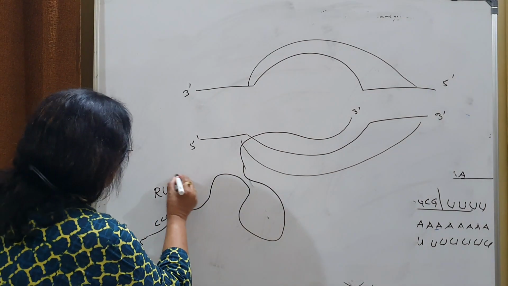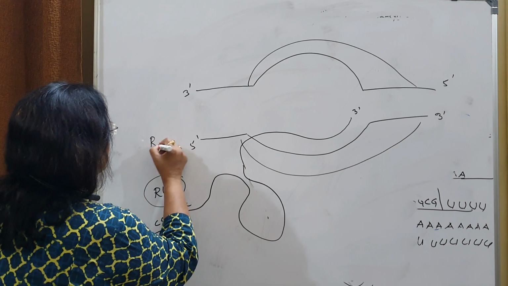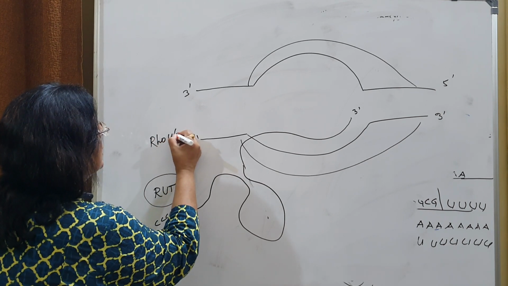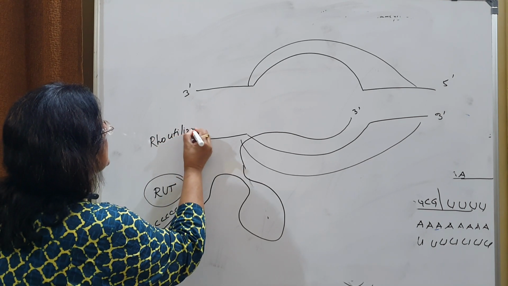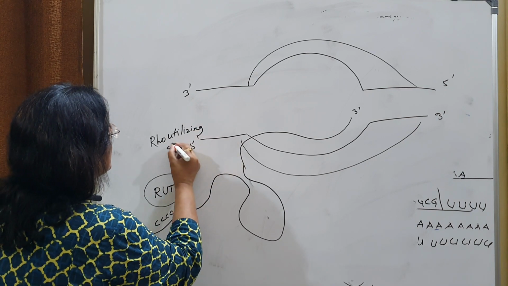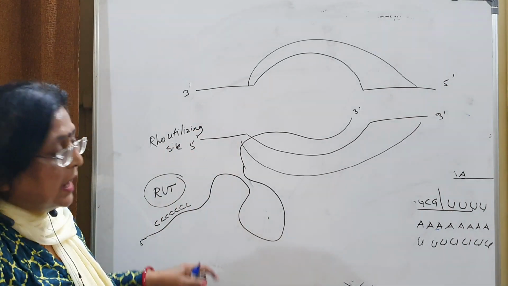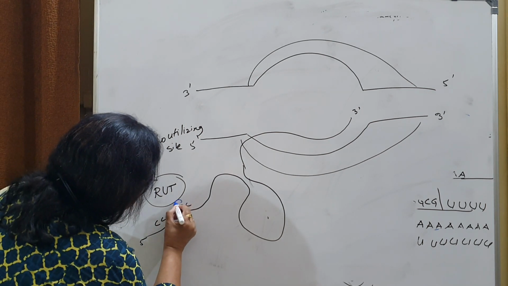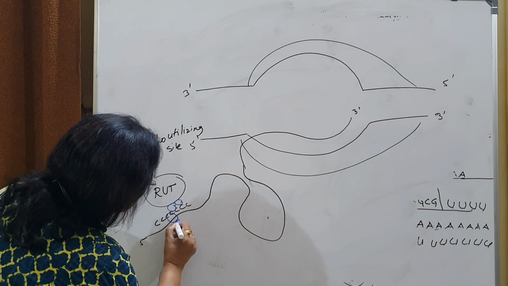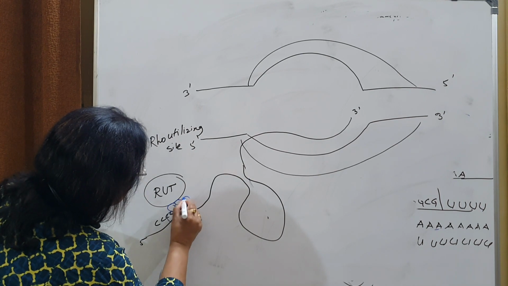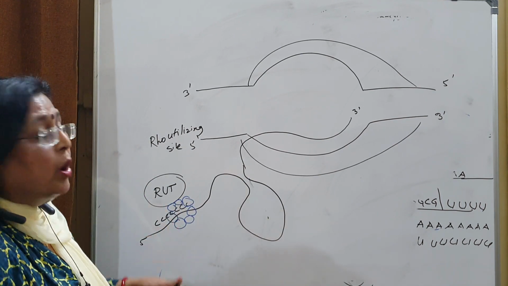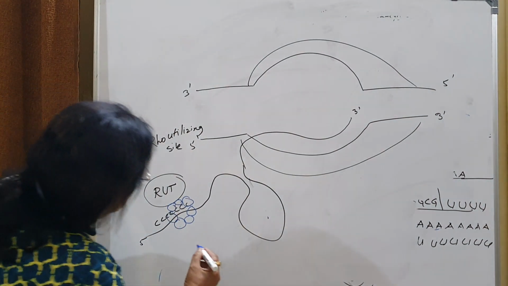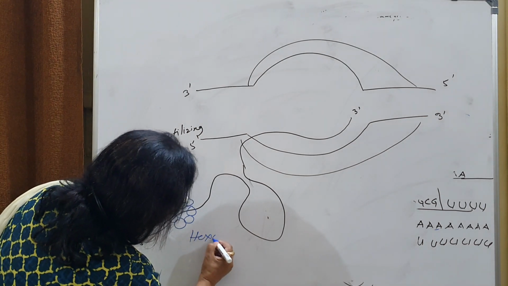This area is known as RUT, Rho utilizing site. So at this place, the Rho will come and attach in this way. Now Rho consists the enzyme hexokinase.